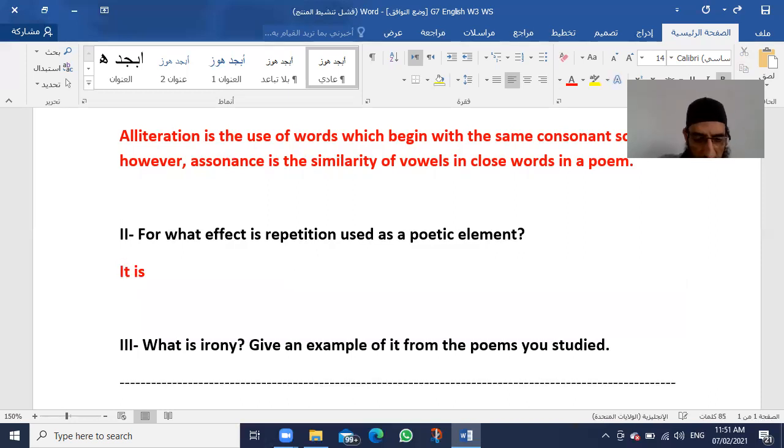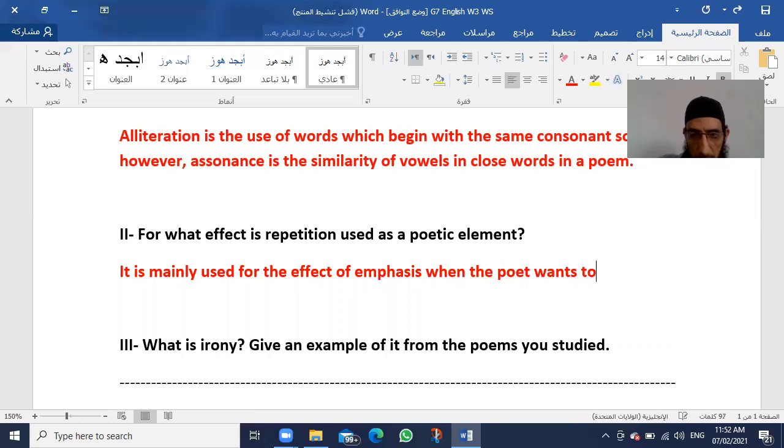It is mainly used for the effect of emphasis when the poet wants to reiterate. Reiterate means put emphasis on.